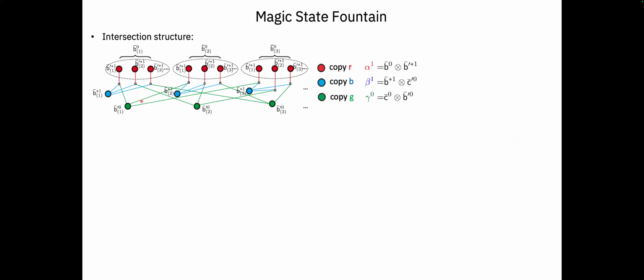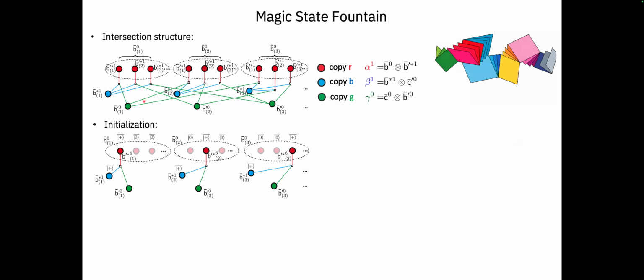So it's still a bit messy, but if you want to get clean, independent magic CZ states, you can turn off some of the logical qubits in the red copy into logical zero. Then you will have a separable triple intersection structure. Then for each green cocycle, you can just find a single pair of logical qubits that is acted on.